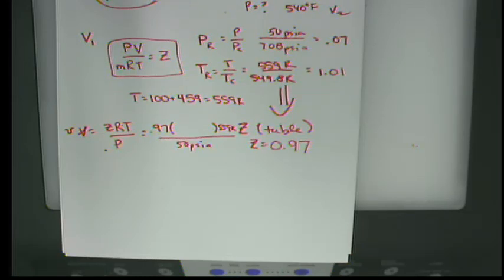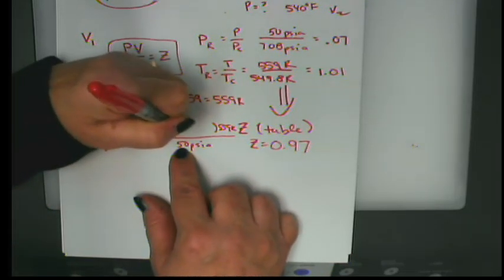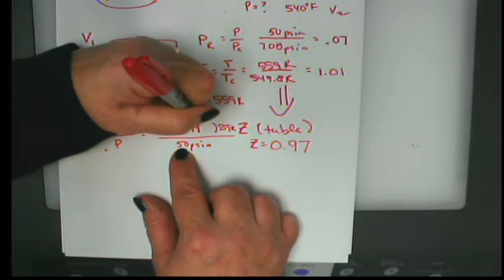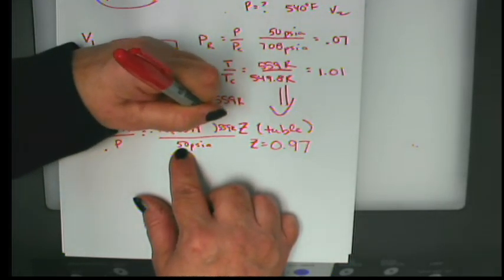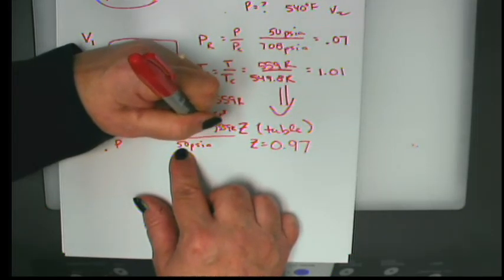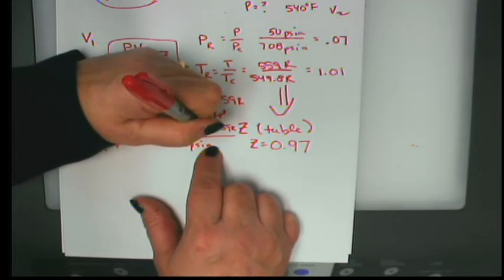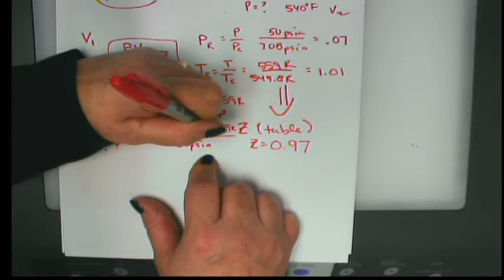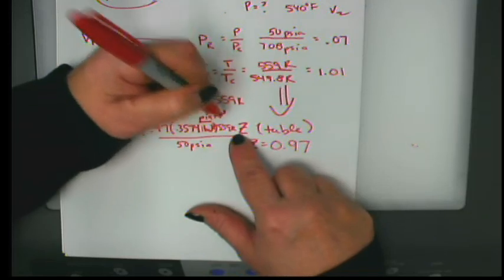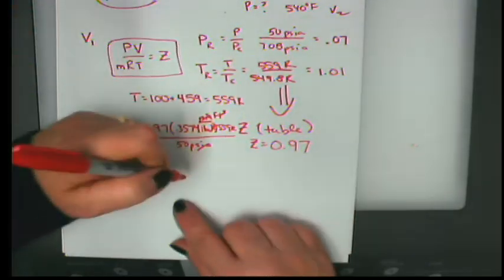Go down to ethane, 0.3574 in units of psia cubic feet per pound mass degree Rankine. Rankine cancels out, psia cancels out.